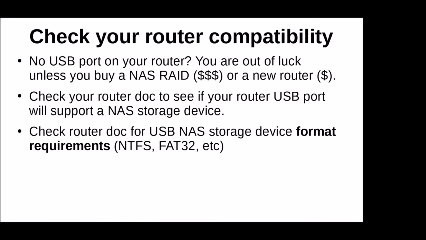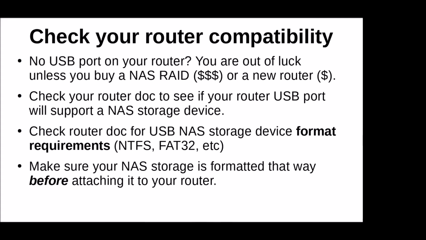In my case, it was NTFS and FAT32. Those two different formats were supported, or at least the docs said they were supported by my router. And make sure your NAS device is formatted that way using your computer before you attach it to your router, because your router cannot format for you.